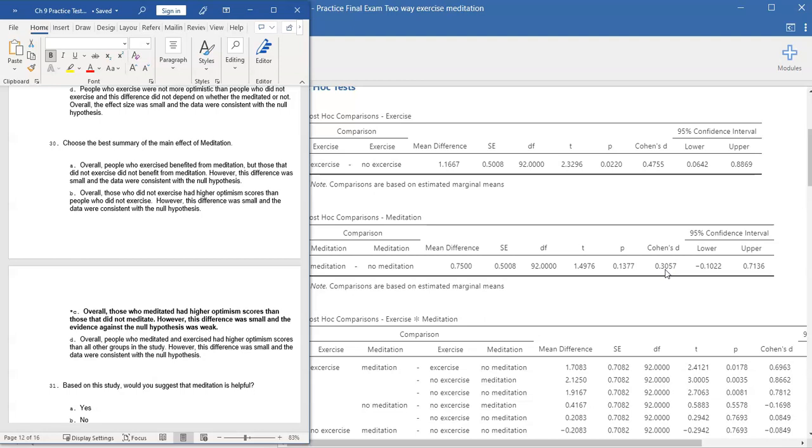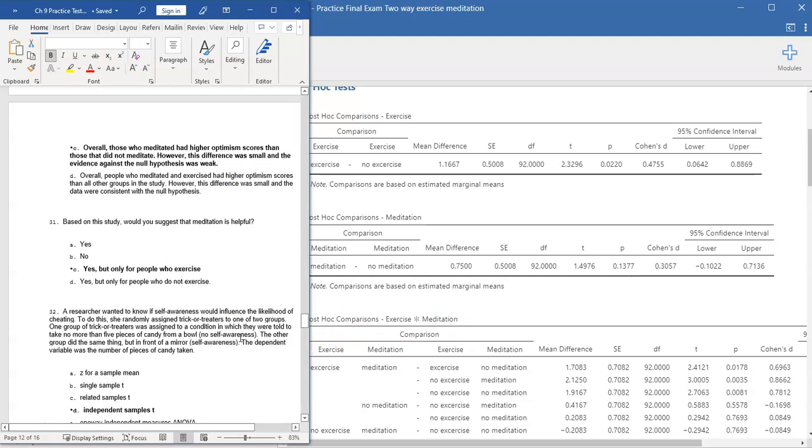If you wanted to find out if this effect was a real effect in the population, you'd have to run the study again with a larger sample size to see if this effect is real or if this is just a statistical anomaly. So again, not very compelling evidence with these data.